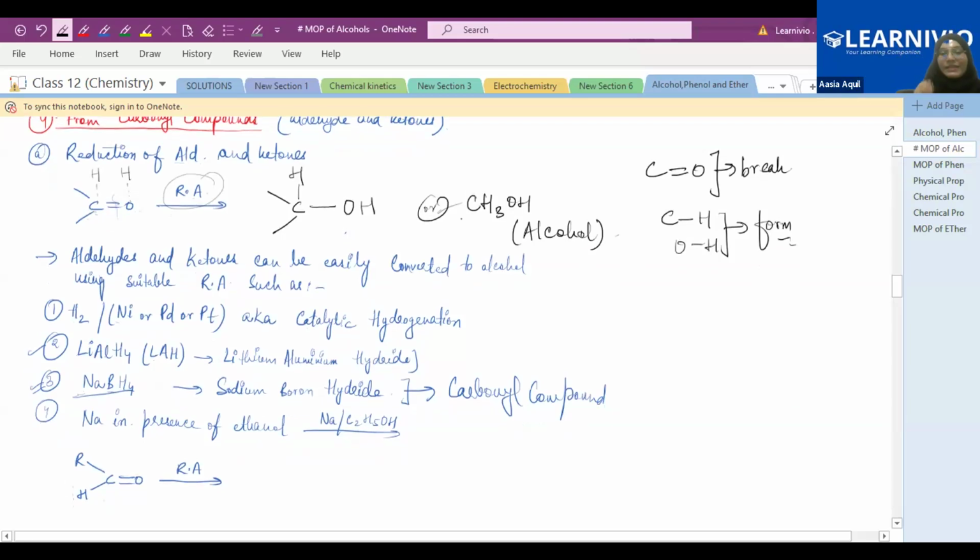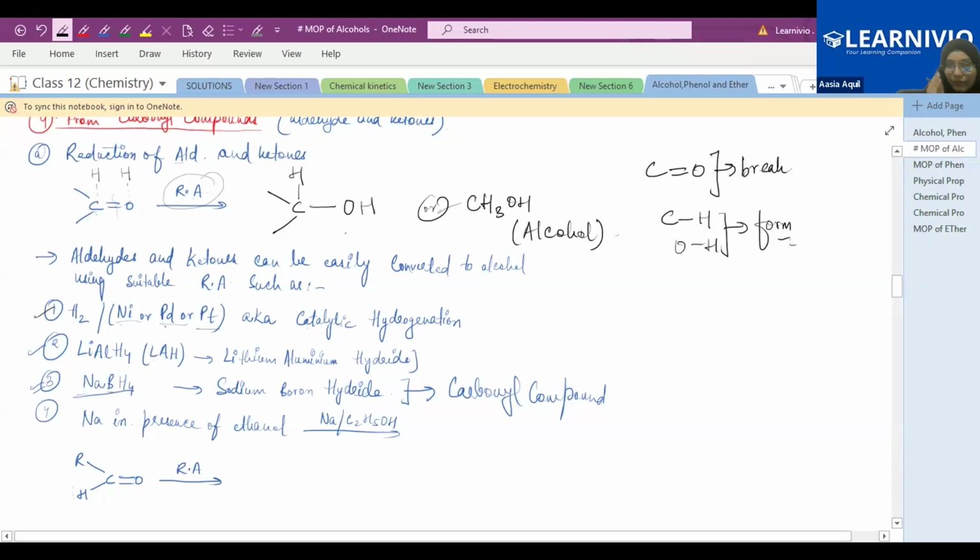See, so aldehyde and ketone can be easily converted to alcohol using a suitable reducing agent. Okay, now the question is, which reagent can we use as a reducing agent? So first one, H2. You can use H2 in the presence of any catalyst like nickel or palladium or platinum.